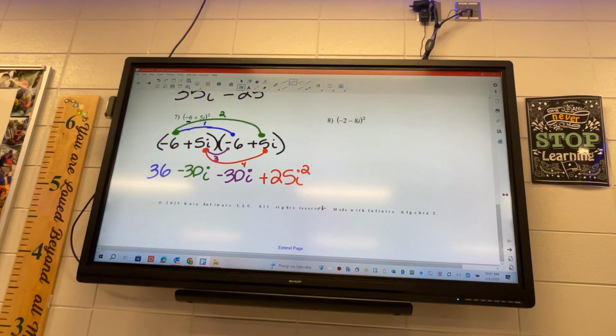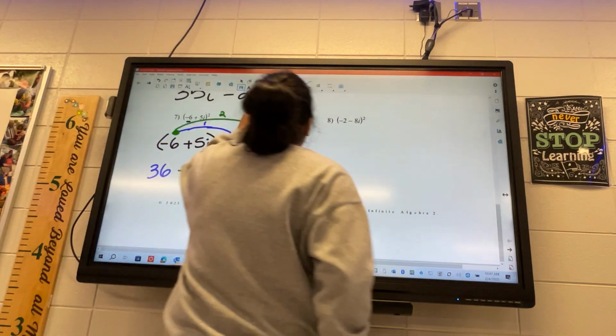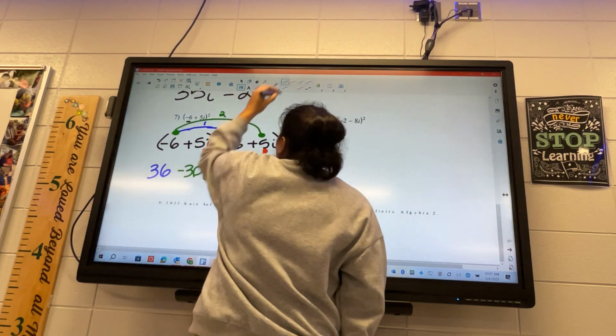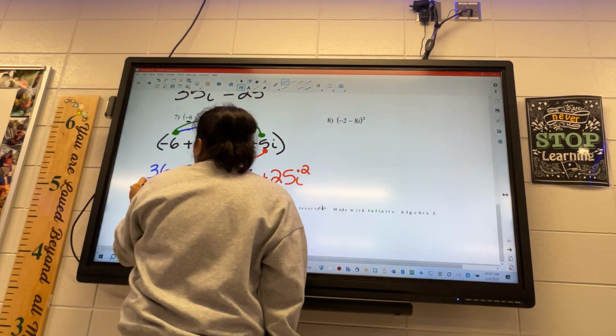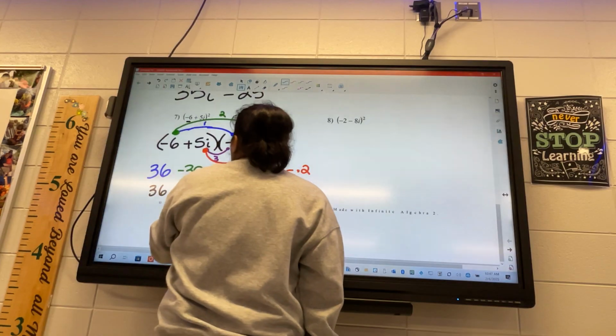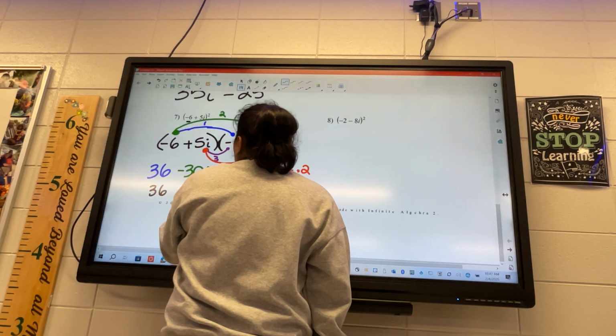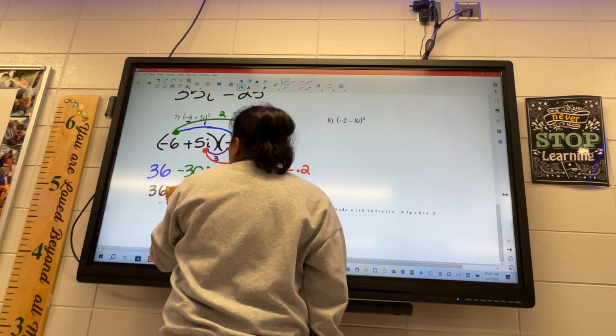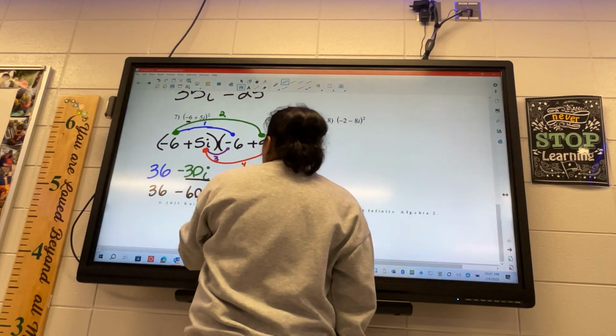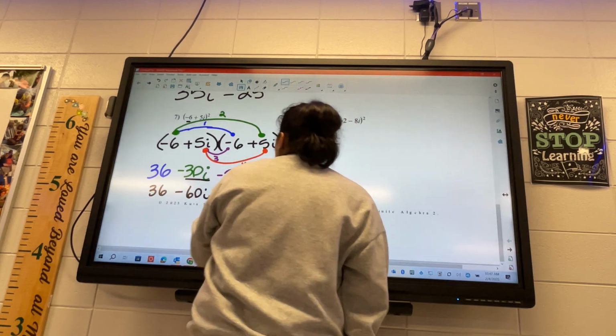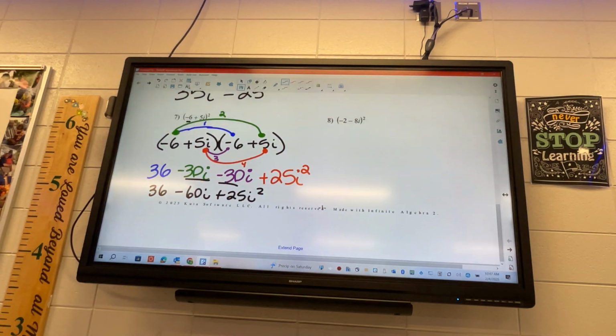Okay, who can be put together now if we're looking at this? Negative 30. Okay, what's that going to give us? What's negative 30 minus 30? Negative 60i, plus 25i squared. Okay, and then what?